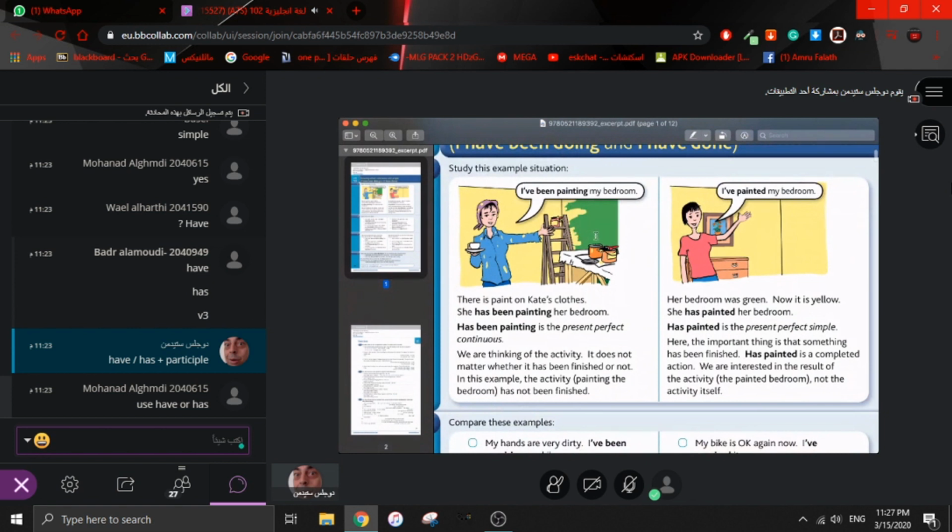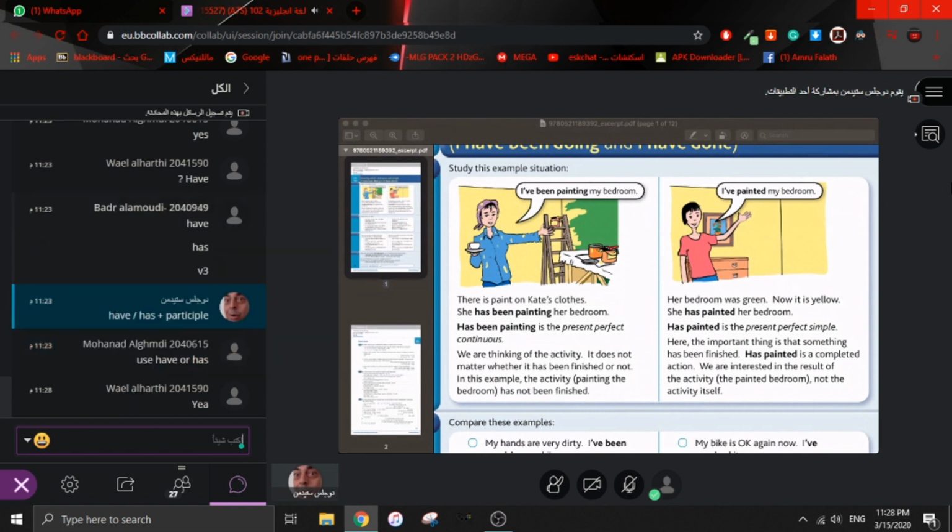So over here, we've got this woman, and basically she painted the room. It used to be green, now it's yellow. So on the right, she says, I've painted my bedroom. Is it finished? Let me get my chat window open and see if you're still there. Are you listening? Yes. So on the left, has she finished it? Or sorry, on the right.